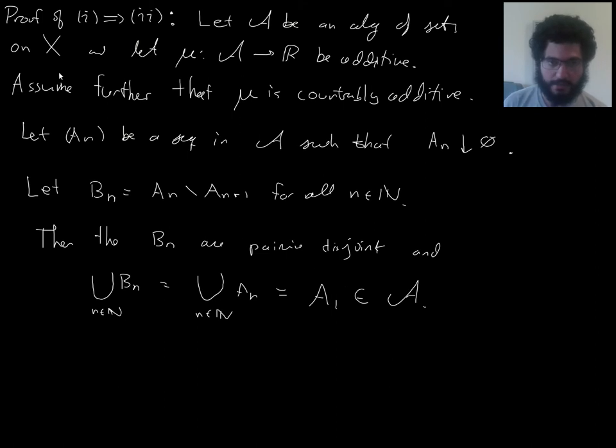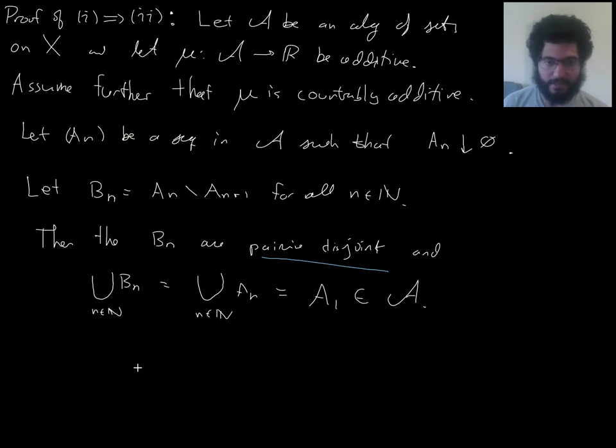Okay, let's quickly think about pairwise disjoint. Probably it seems obvious from the picture, right, that those deletions that I was making would make the sets disjoint. But let's just do a quick check.